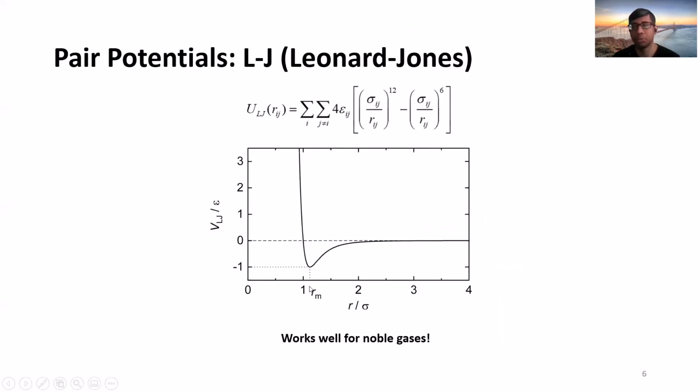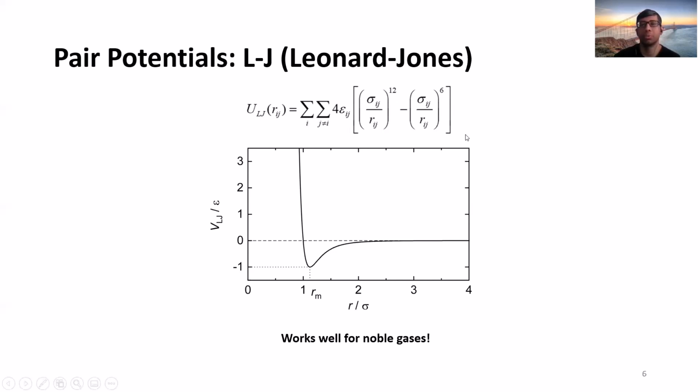So possibly the most popular pair potential is the Lennard-Jones potential, which in its functional form looks like this. It's a very popular functional form. And it actually defines the interaction between two atoms, that is, it defines pair potentials in terms of the attraction and in terms of repulsion.